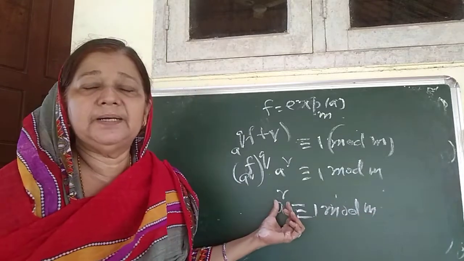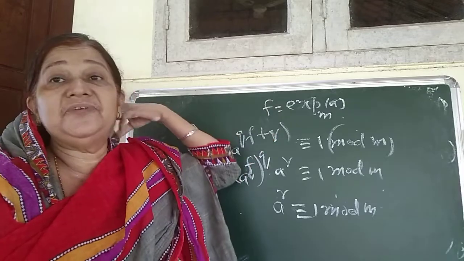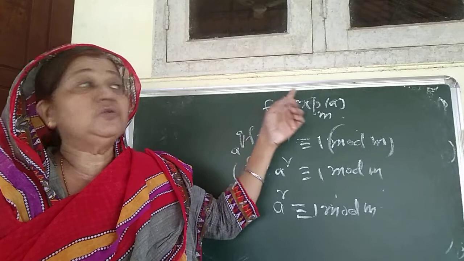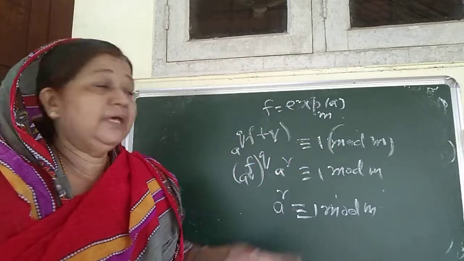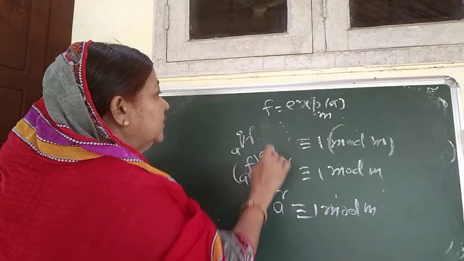It is not possible because r is less than f. But we defined f is the least positive integer such that a raised to f is congruent to 1 modulo m. Therefore, the only one possibility is r equal to 0.